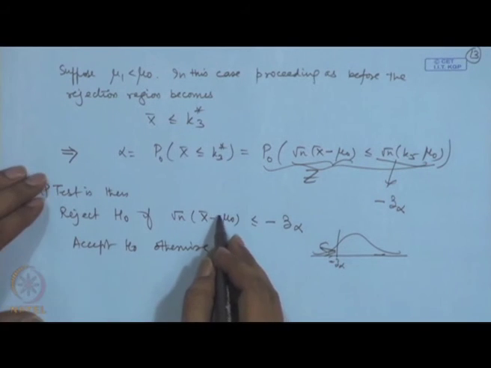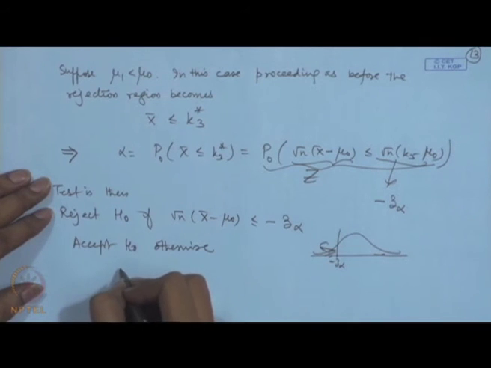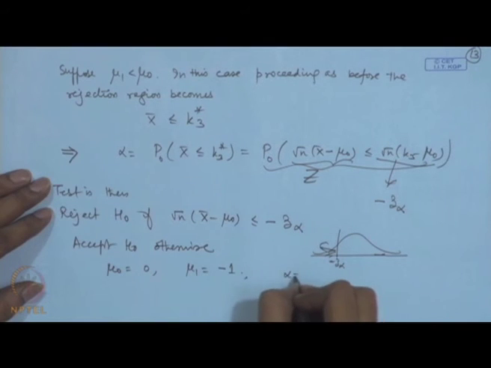For example, here if I take, say, mu naught equal to 0, mu 1 equal to minus 1 and let us take alpha equal to once again 0.05.